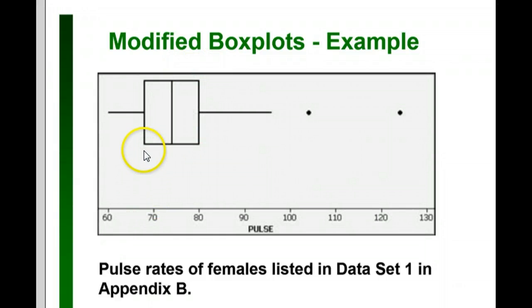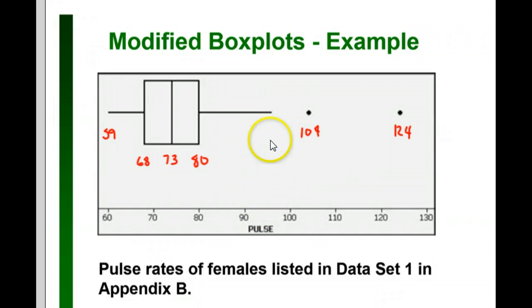So this has the pulse rates. It has a Q1 of around, let's say, 68. It has a median of, let's say, 73. It has a Q3 of 80. It has a minimum pulse rate of around 59, we'll say. And then instead of this going all the way to the maximum pulse rate of around 124, the whisker stops here at about 97, with this one here about 104.